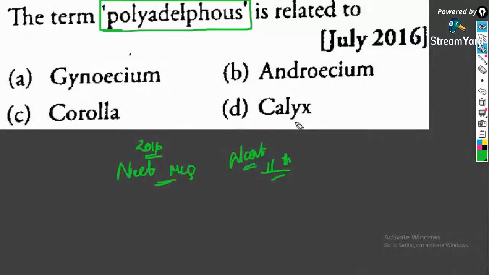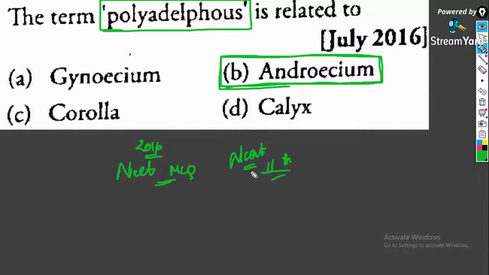What do you mean by polyadelphous? More than two bundles of what? Androecium, stamens. Option B is the correct answer for the question.